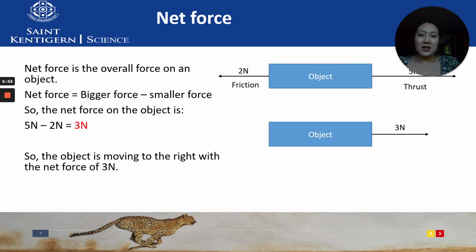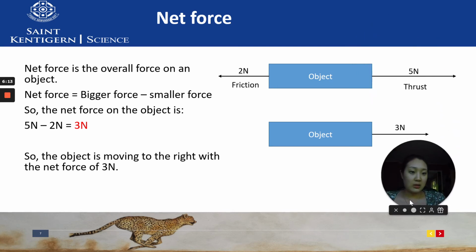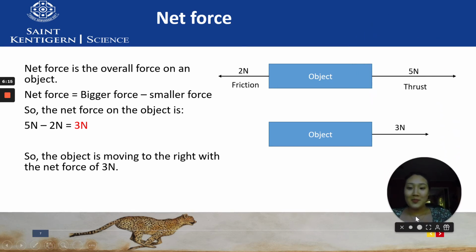Let's look at net force. Net force is the overall force on an object. You can find the net force by subtracting the smaller force from the bigger force. The net force on this object is 3 because we have the bigger force, thrust, which is 5 newtons, and the smaller force, friction, which is 2 newtons.